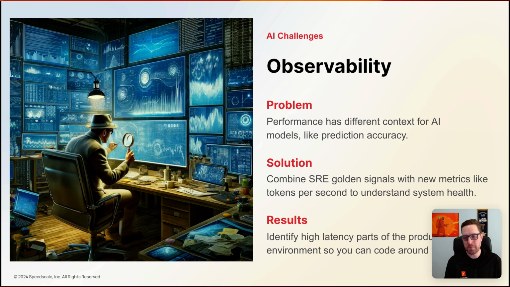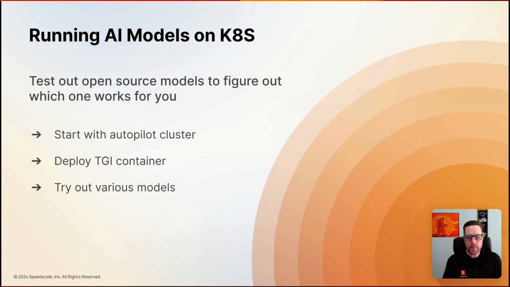There's a good correlation between the more tokens, the higher the latency. So you're going to want to work on that and tinker with it. What's the smaller number of tokens that you can use for your query so that you can get good latency, without breaking the bank.